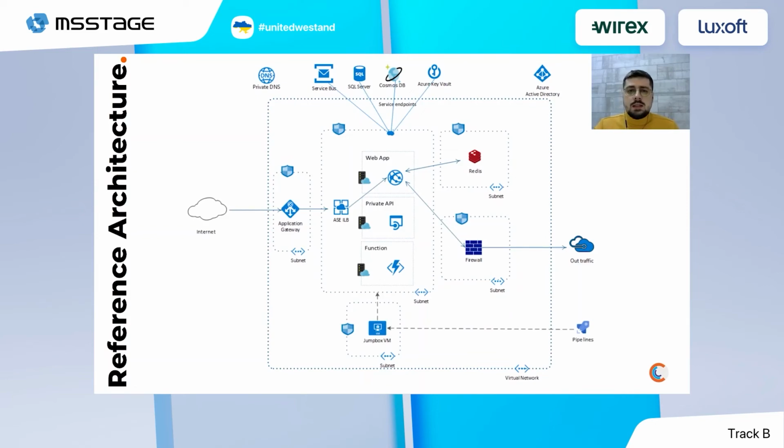Within this subnet, App Service applications are deployed in one or more App Service plans, which is a collection of physical resources required to run the app.